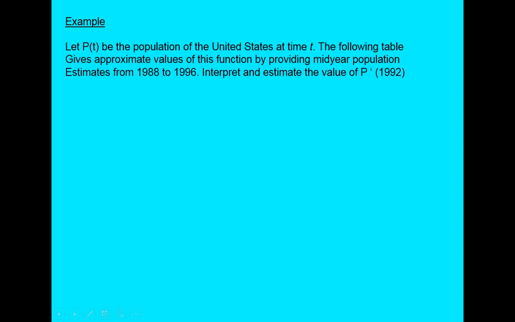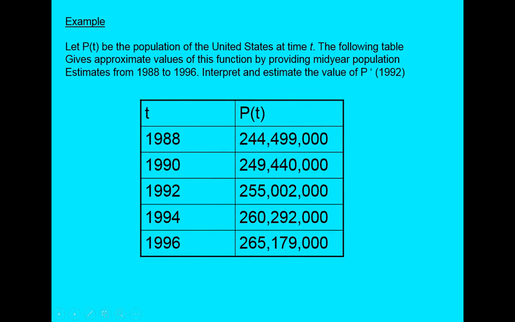Let P(t) be the population of the United States at time t. The following table gives approximate values of this function by providing mid-year population estimates from 1988 to 1996. Interpret and estimate the value of P prime of 1992.